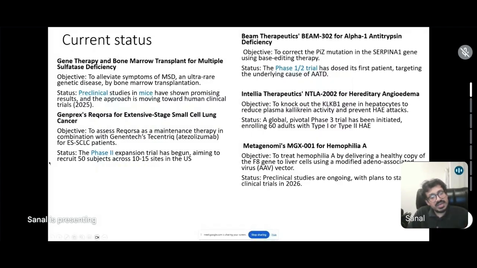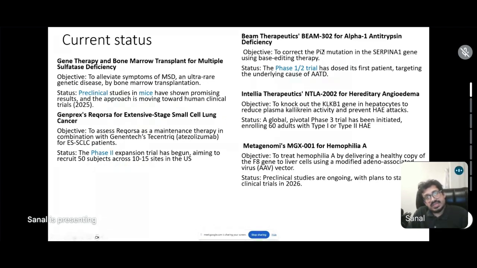So some of the gene therapy trials are partially successful in extending the life in small cell lung cancer. And Beam Therapeutics launch of alpha-1 antitrypsin deficiency treatment was also quite successful.